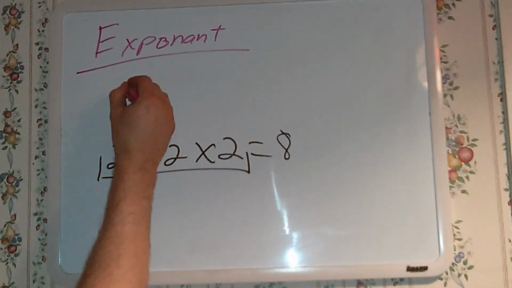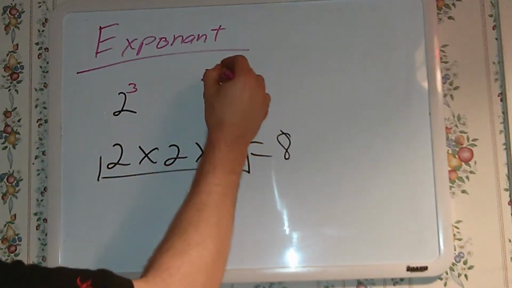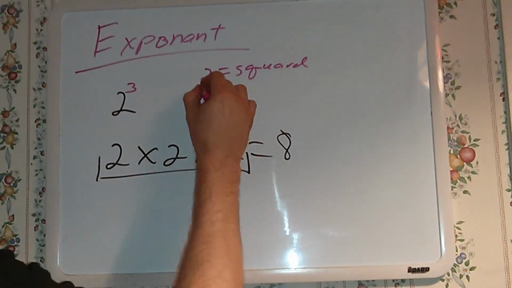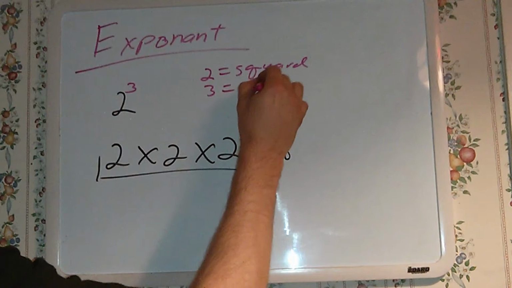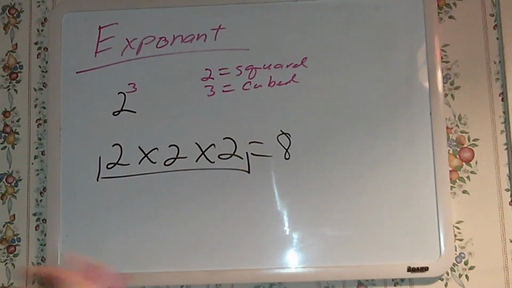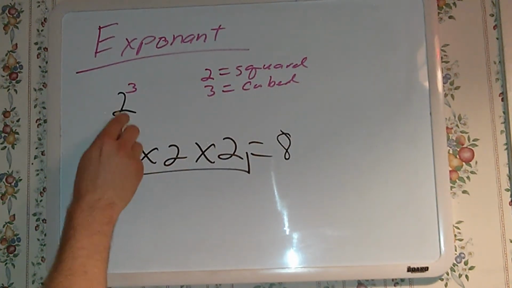So we're just going to stick a little 3 right up there and say 2 cubed, or 2 to the third. And so the terms with exponents, when it's to the second power, is squared, and to the third power is cubed. Beyond that, you just say 4th, 5th, 6th, 85th power. But what this does here is tell us how many times over we're multiplying that number.